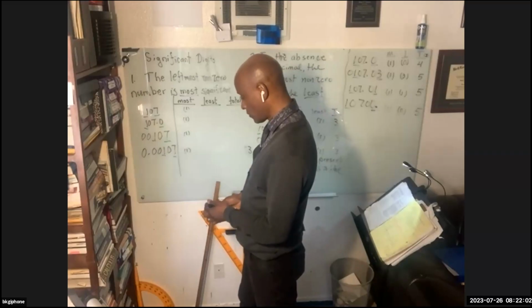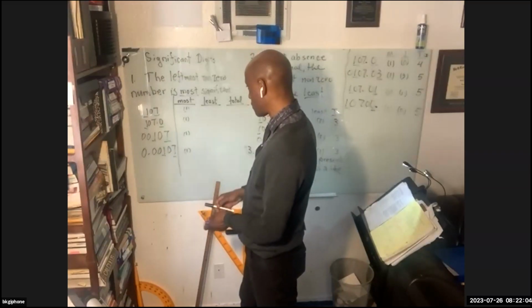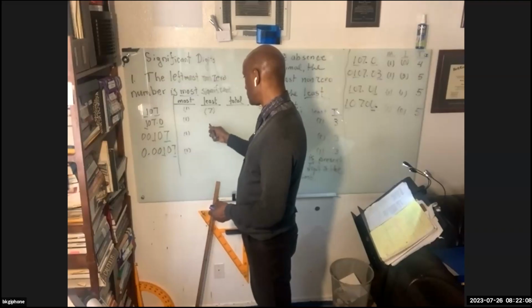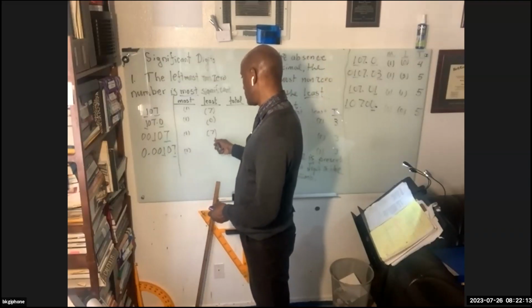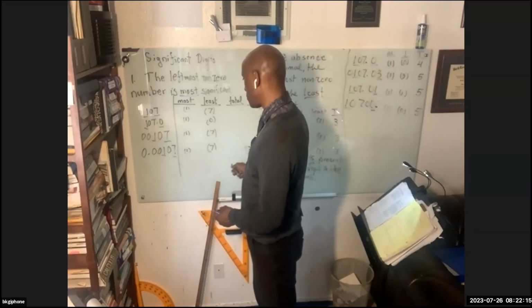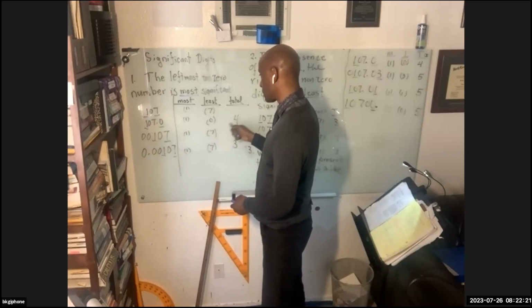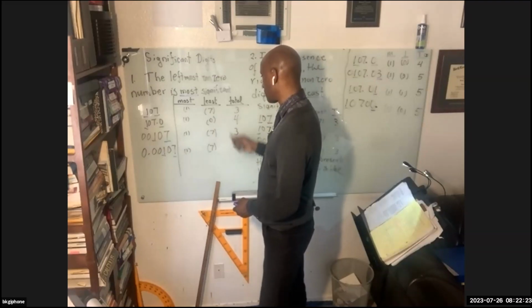So the total number and least, if we complete this chart, we got 7, 0, 7, and 7. And the total number here then, between the most and the least, 3, 3, 4, because of the decimal, and then 3.